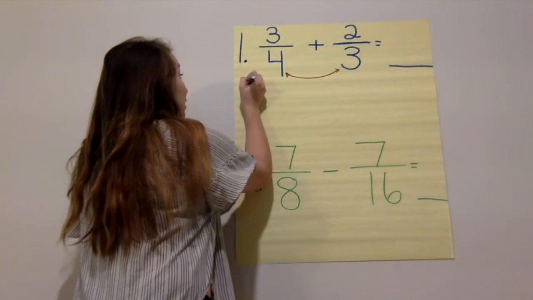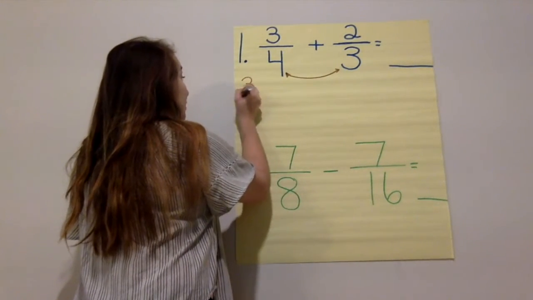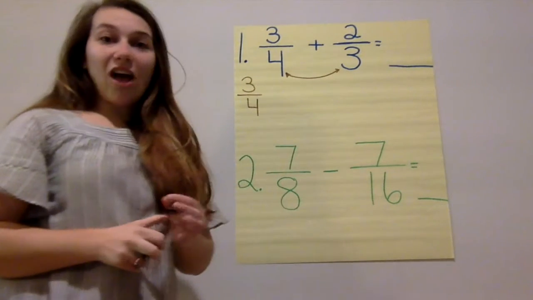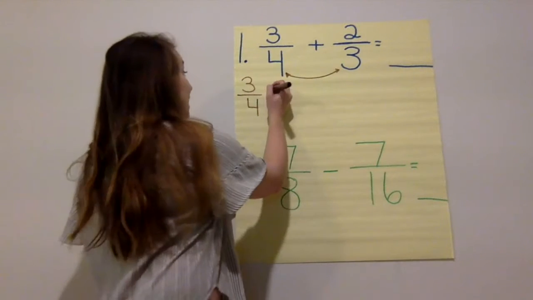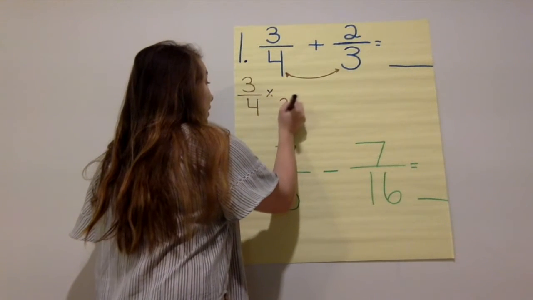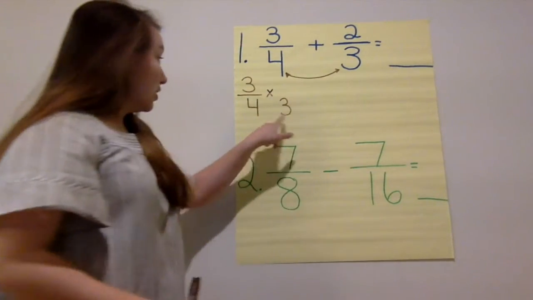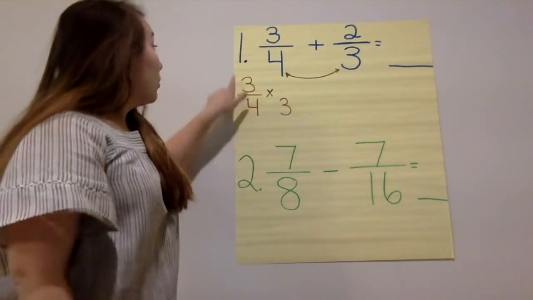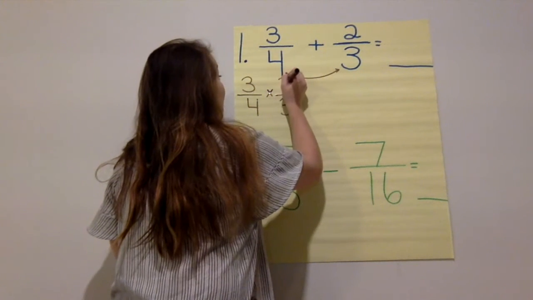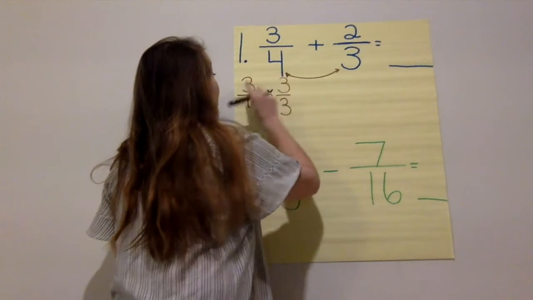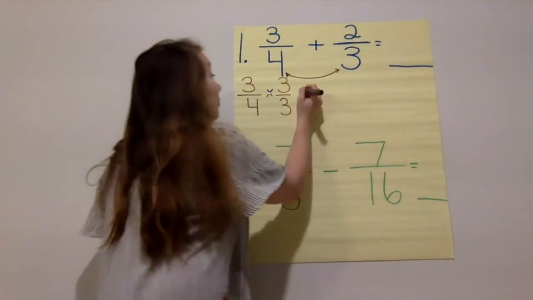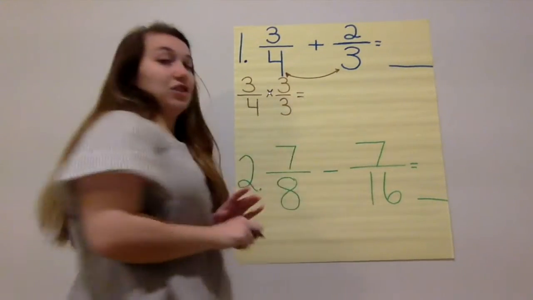So I have 3/4. And I am multiplying by the opposite denominator, which means I'm multiplying by 3. And we know whatever we're doing to this bottom number, we have to do to the top. So I'm going to be multiplying by not just 3, but 3/3.